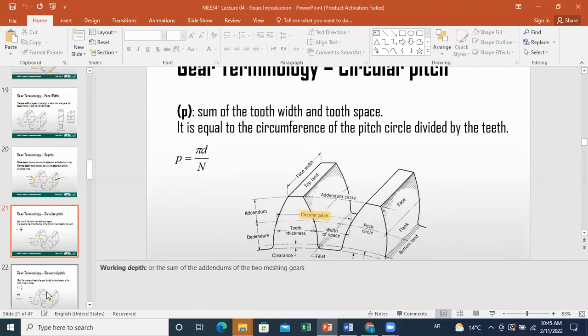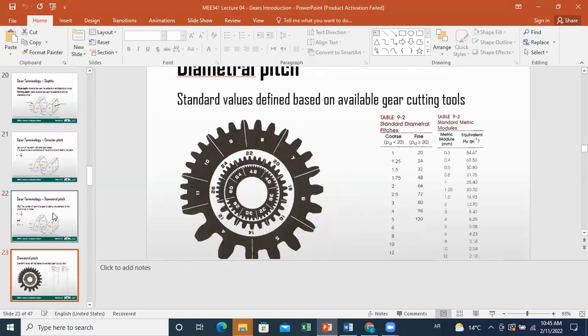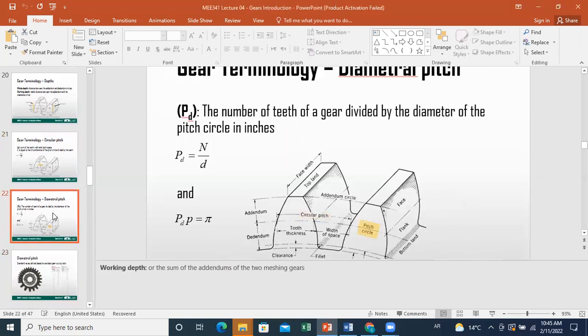Another parameter that we also use in gear terminology is the diametral pitch. The diametral pitch is the number of teeth of a gear divided by the diameter of the pitch circle in inches. So please pay attention to units.